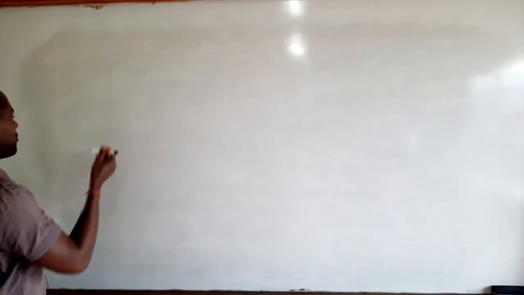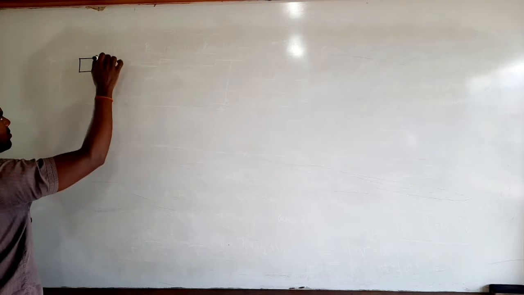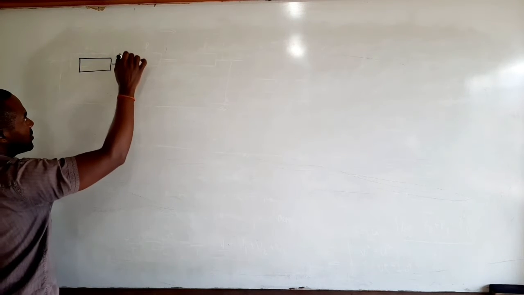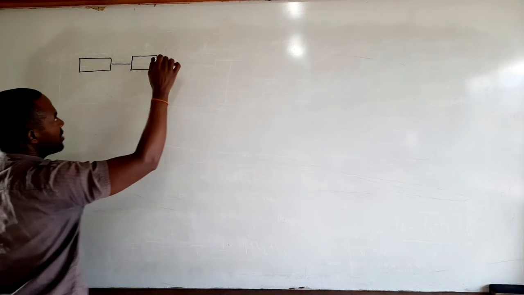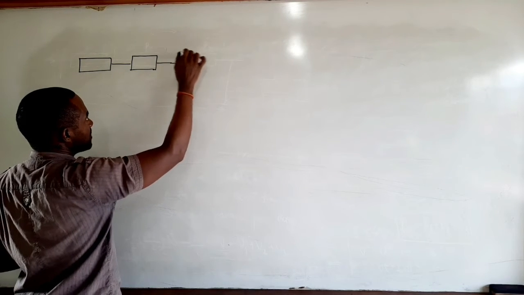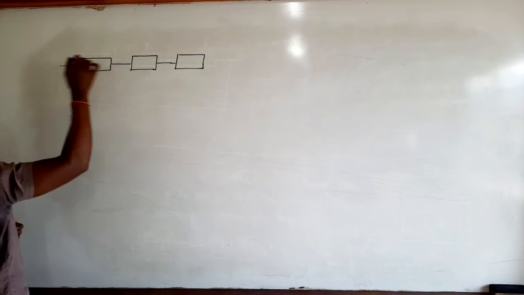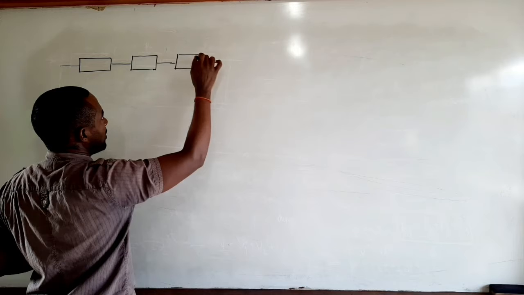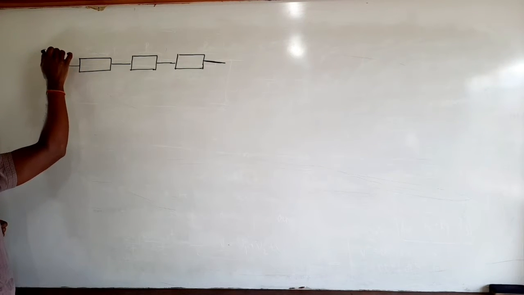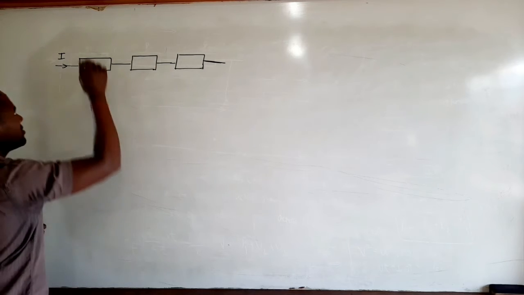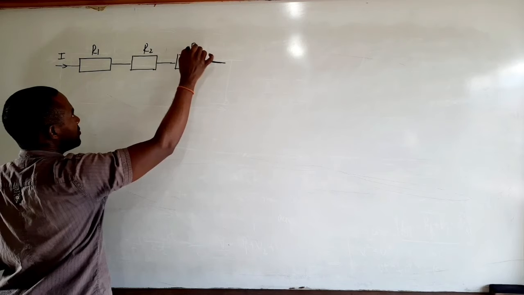Now let's say we have three resistors of resistance R1, R2, and R3 connected in series as shown. So these resistors are connected in series. And of course, let the current flowing through the resistors be I. Now, this is R1, this is R2, this is R3.